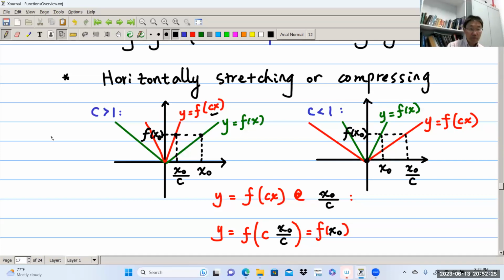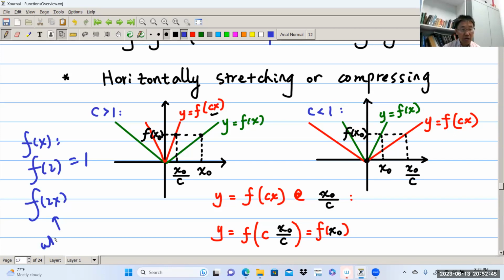So think this way. Suppose I have f of x, right? Suppose for this function, I supply 2 as the input, I get a 1 as the output. Now I have a new function, which is called f of 2x. So how to get the 1 as the output? Now I just need to use x equals 1, right? So for this function, when x equals 1, I have f of 2 times 1, which is f of 2, which is equal to 1.